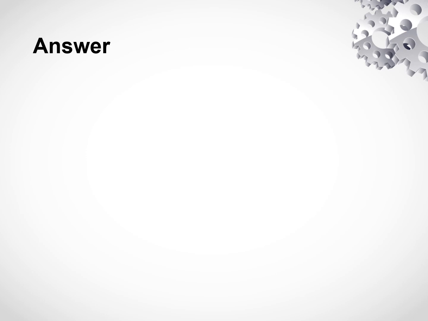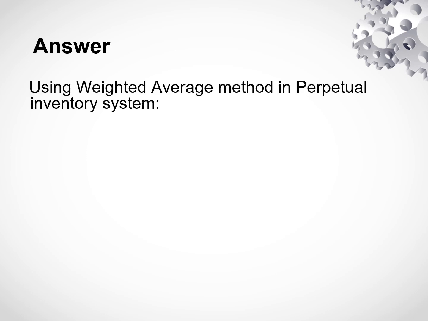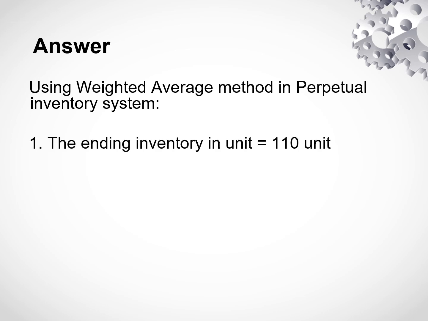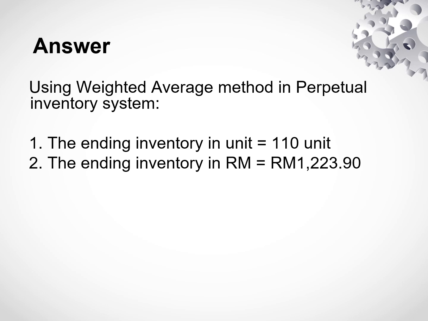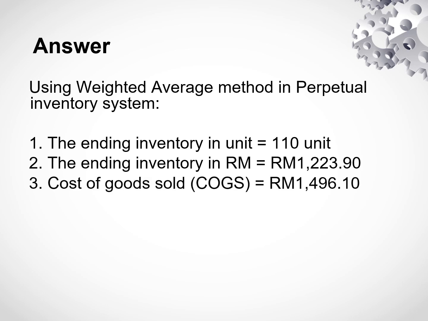So, the answer using weighted average method in perpetual inventory system, number 1, the ending inventory in unit equals to 110 unit. The ending inventory in RM equals to 1,223 and 90 cents. Cost of goods sold equals to 1,496 and 10 cents.